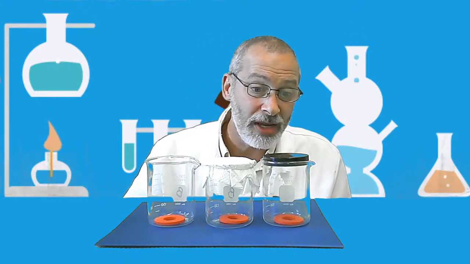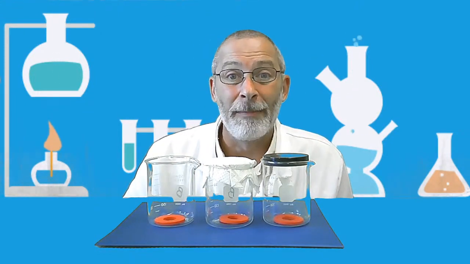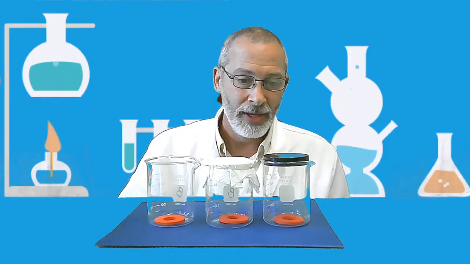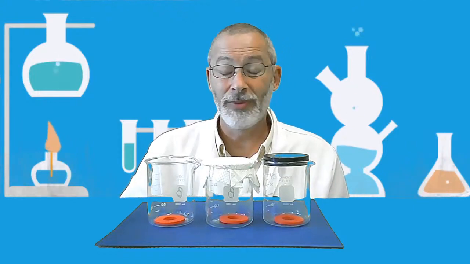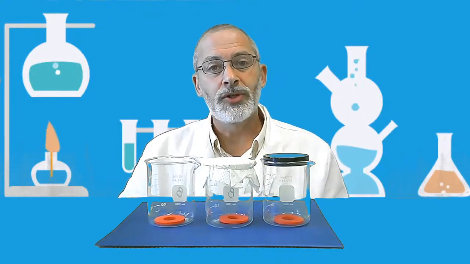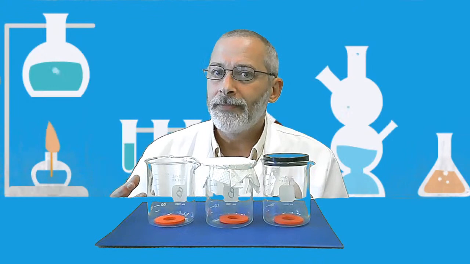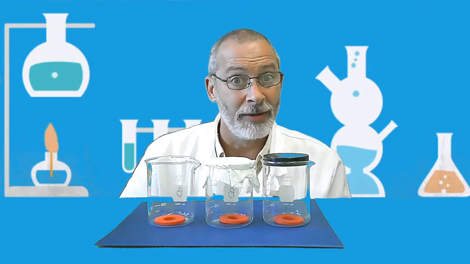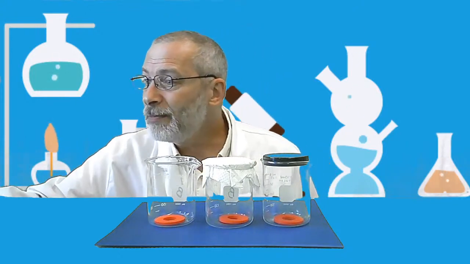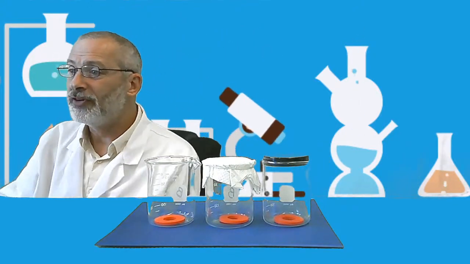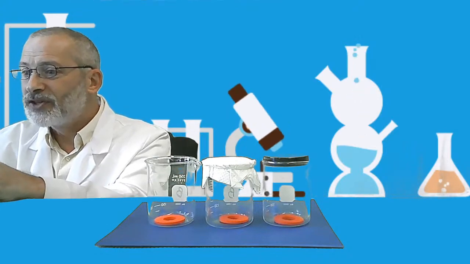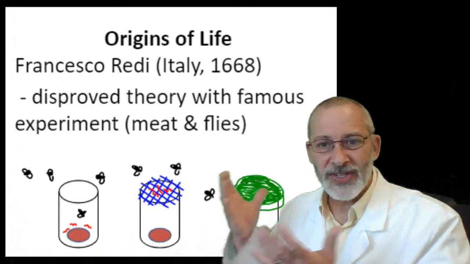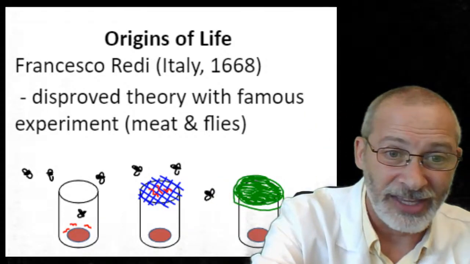And the third jar here, well, nothing happened. The fly wasn't attracted to it. There was no odor. There were no eggs. There were no maggots. And so Francesco Redi made this very astute observation himself and was able to disprove the theory of spontaneous generation with this famous experiment of his.